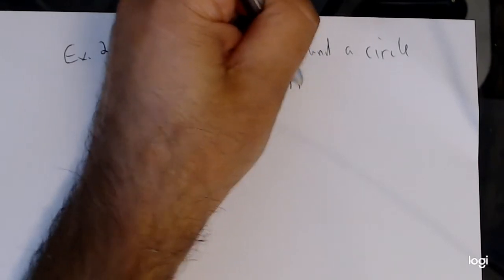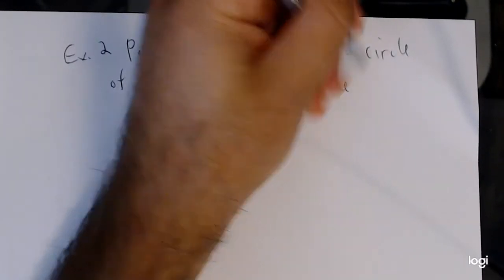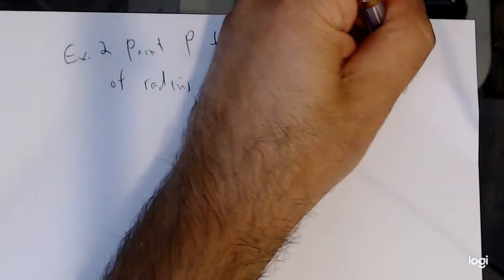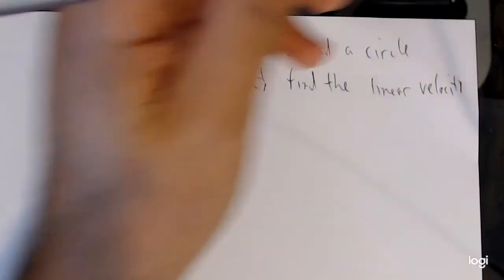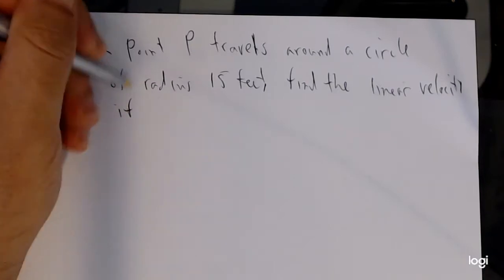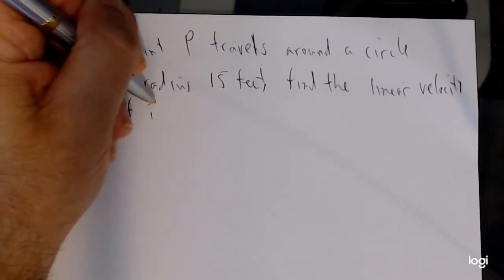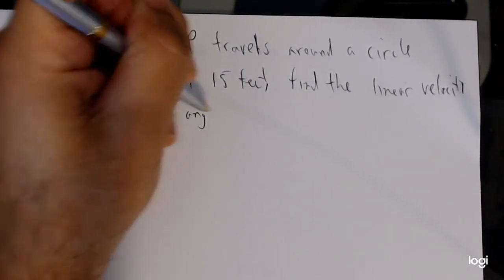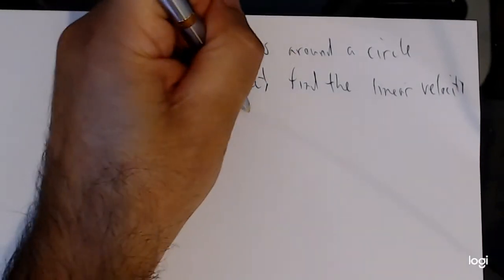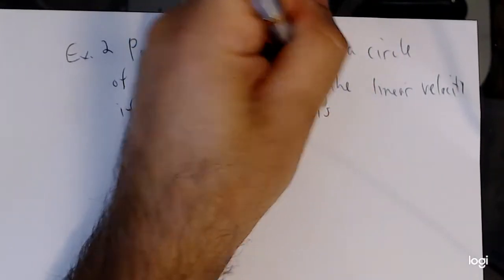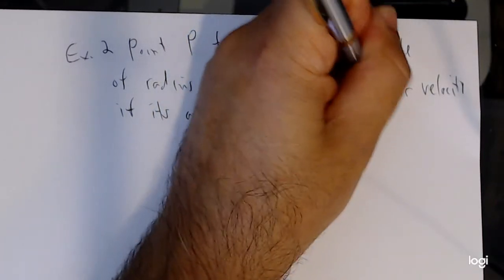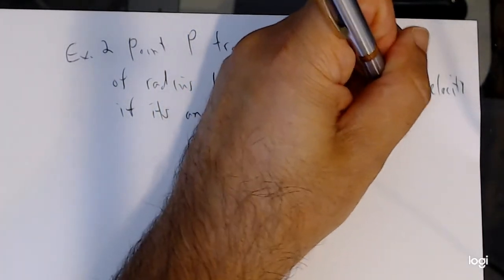Find the linear velocity if its angular velocity is omega equals 12 radians per minute.